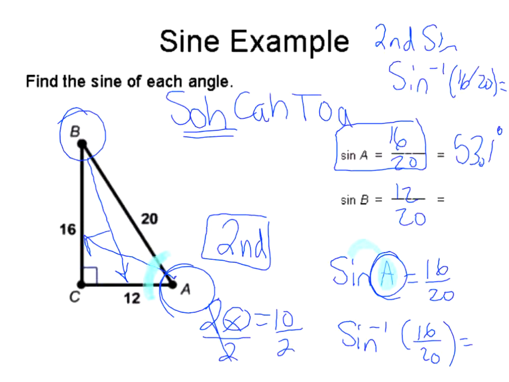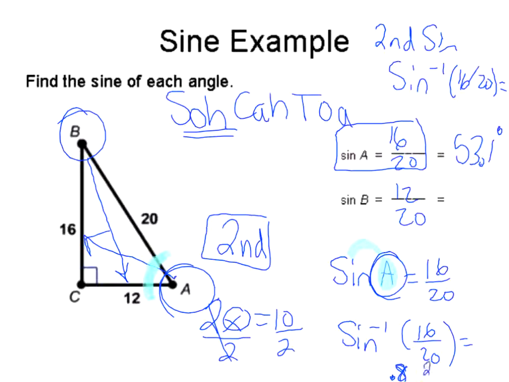So let's try this. Can we try this way? Everybody type in 16 divided by 20 first. Okay, so 16 divided by 20 is 0.8. Everybody with me? Okay. So let's do 0.8. Some calculators, you have to type things in a little bit backwards, so we're going to try it backwards. Ready?